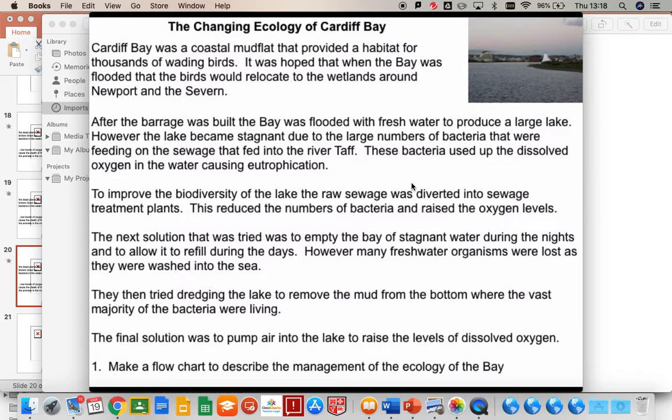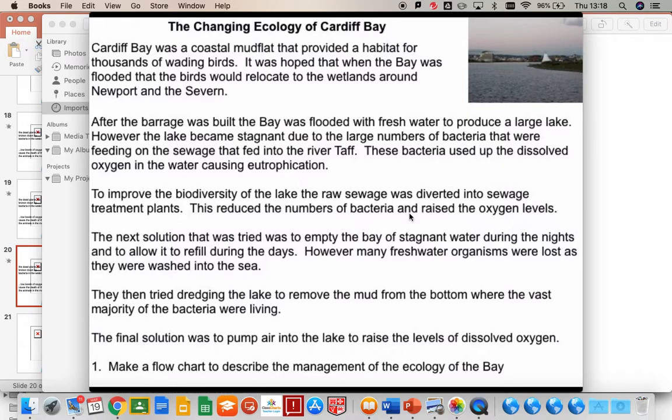They built the barrage and flooded it with fresh water, so we had a massive lake there. However, there were so many bacteria living in the lake because of the sewage getting into it, and they used up all of the oxygen. The posh word for this is eutrophication, but you need to be able to explain why the pollution causes the low levels of oxygen.